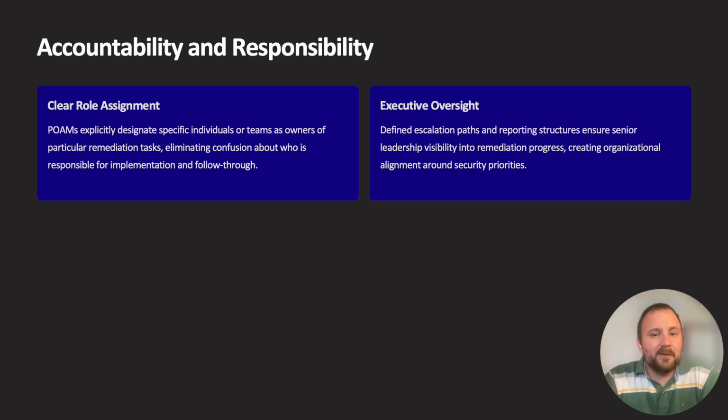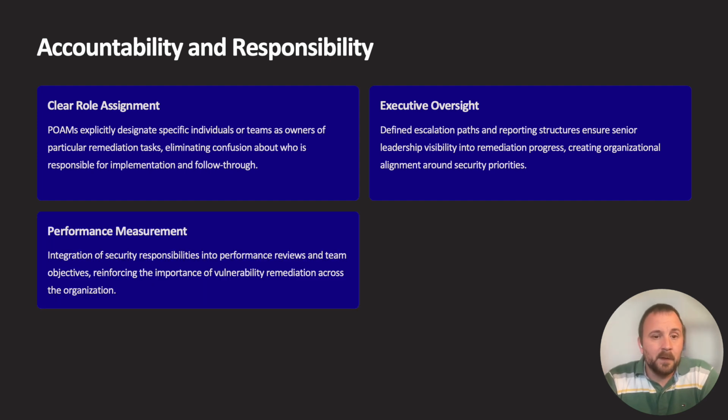Additionally, make sure that you have executive oversight. The accountability framework helps security leaders track progress systematically and address any bottlenecks or challenges that may arise during the remediation process, keeping security improvements on schedule.